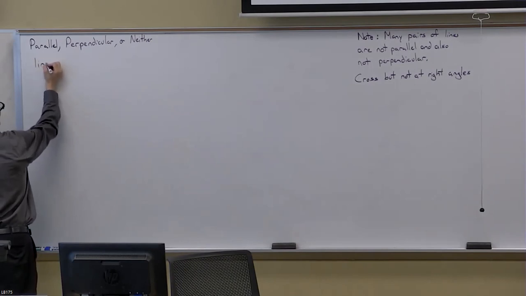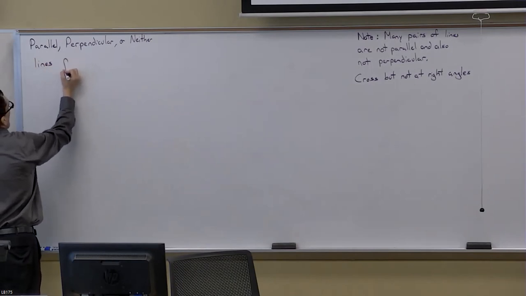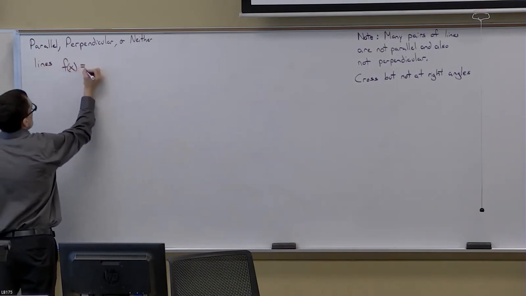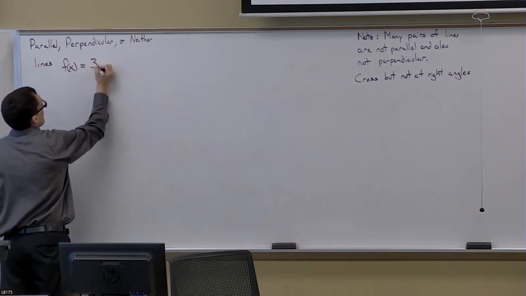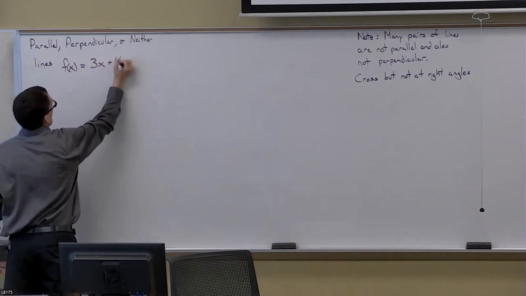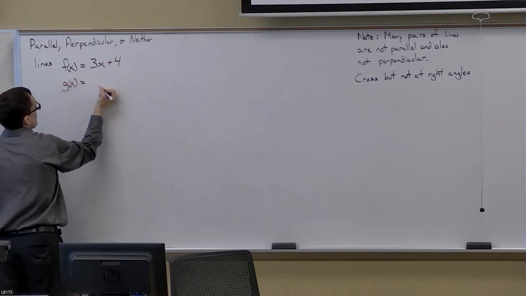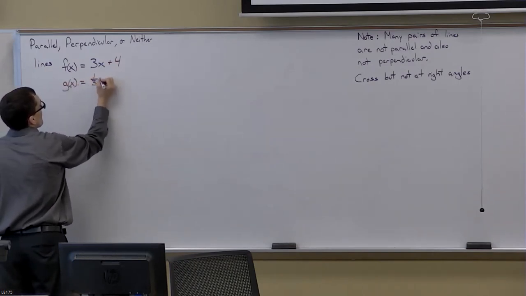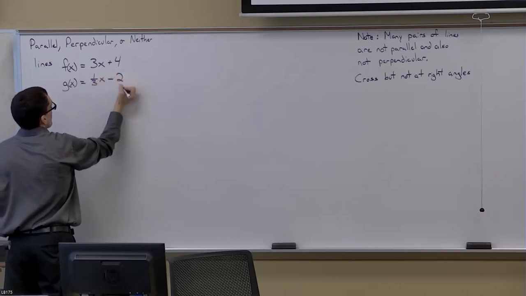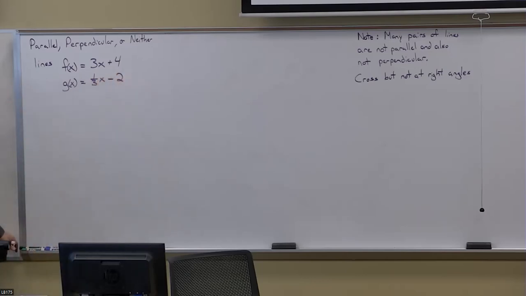So let's take the following lines. f of x equals 3x plus 4, and g of x equals 1/3 x minus 2. That parallel, perpendicular, or neither?